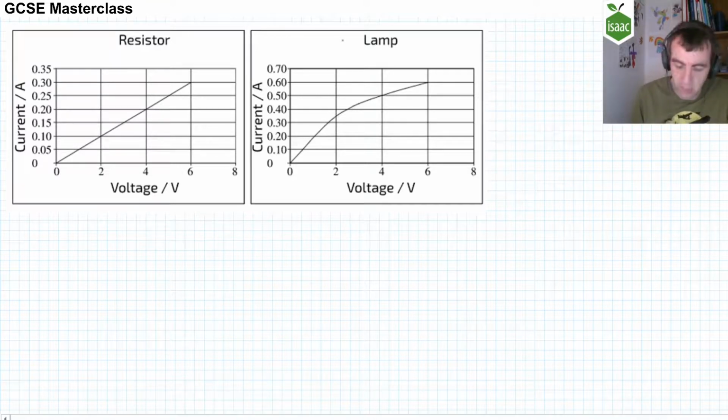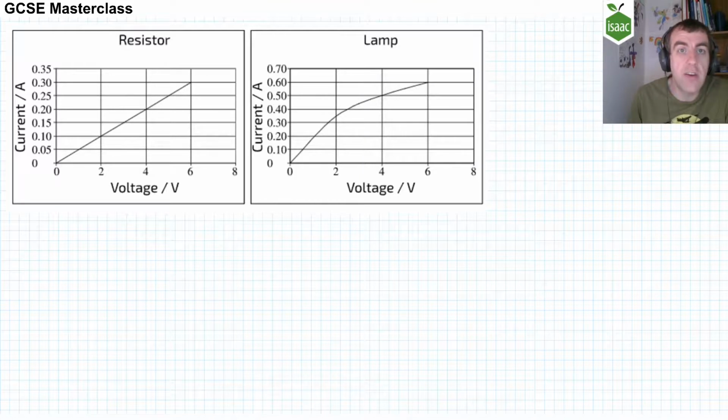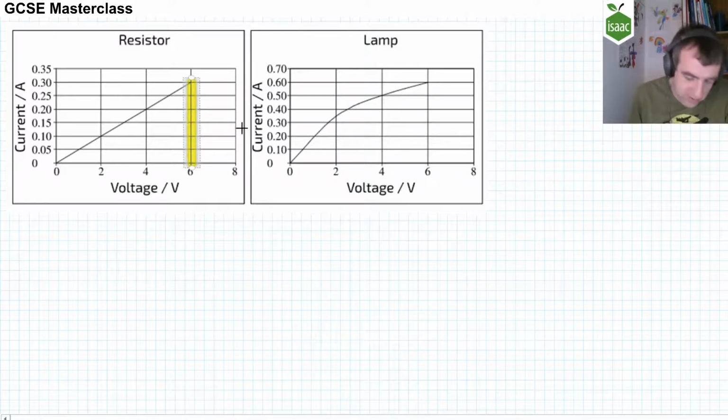I'm going to get a little straight line tool so I can clearly draw on this diagram. Let's try this. So it's 6 volts. Oh, hello, it's a big splodge. That's okay. So 6 volt power supply. We read it up, then we read it across, and we convince ourselves that that is 0.3 amperes.